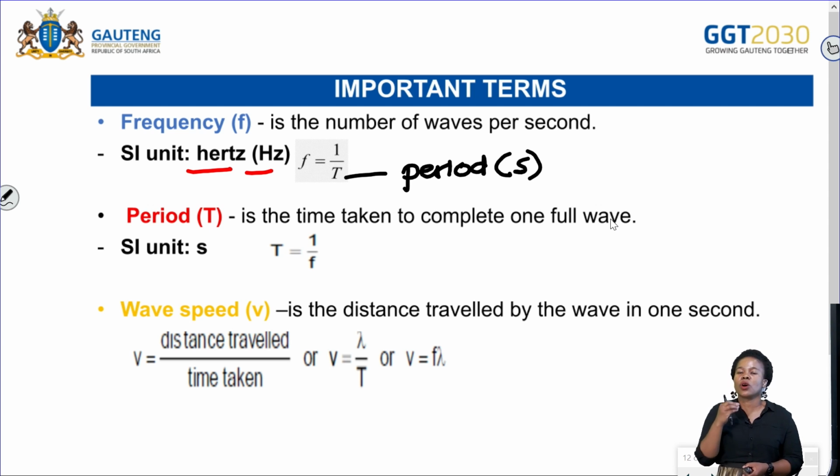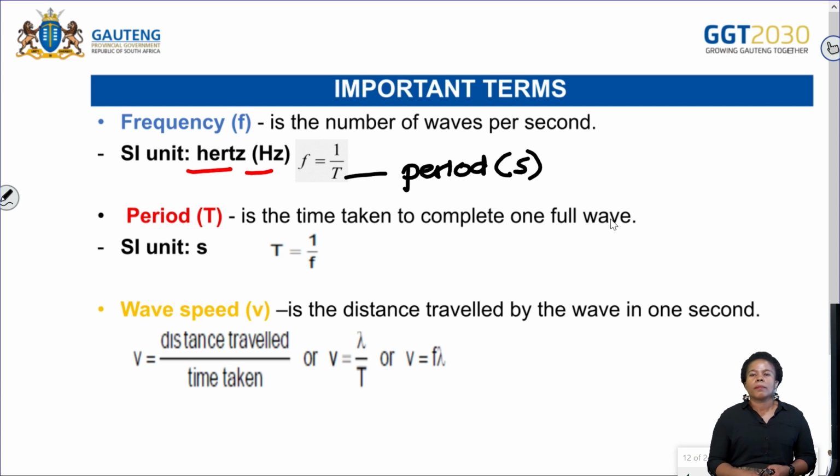Not forgetting that your crest is the uppermost point and your trough is your lowermost point from the rest position. And that is just one. It comes with a formula. So it reads as frequency is equal to 1 over period.